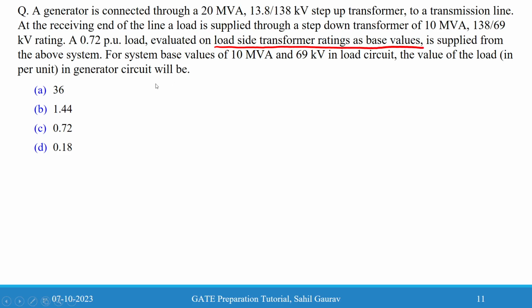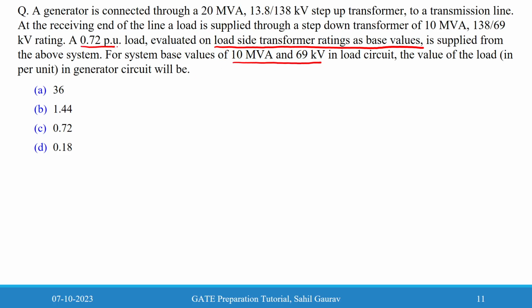The load is supplied from the above system for system base values of 10 MVA and 69 kV in the load circuit. The value of the load in the generator circuit will be? So these are the newer values, and these are the older values. This is the older per unit quantity, and this is the newer per unit base quantity.